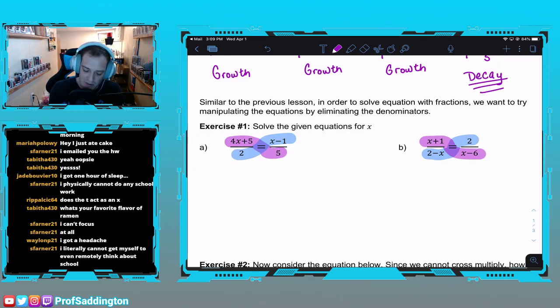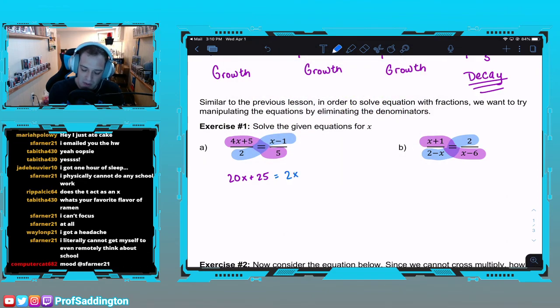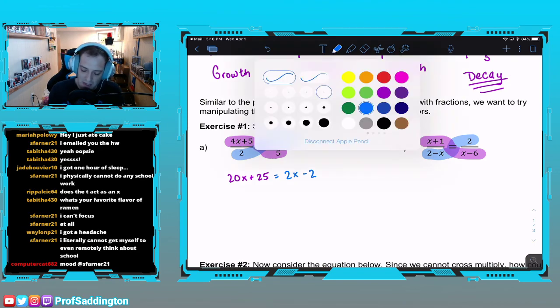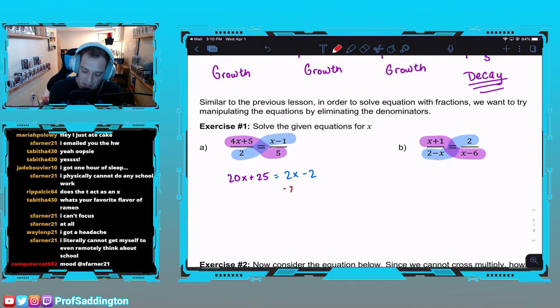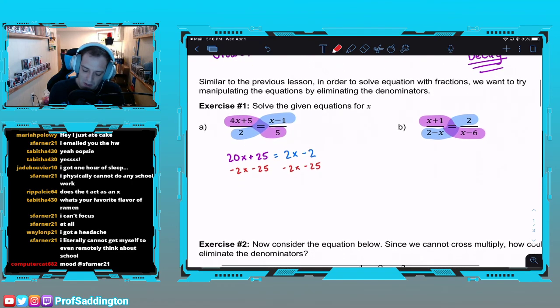If you distribute the 5 and 4x plus 5, we'll have 20x plus 25. And then if we distribute the 2 and the x minus 1, we'll have 2x minus 2. Because remember, you're distributing the 2. Once we get there, now we're just trying to get x all by itself. So I'm going to subtract the 2x over to both sides. I'm also going to subtract the 25 over to the other side so we can get the x all alone.